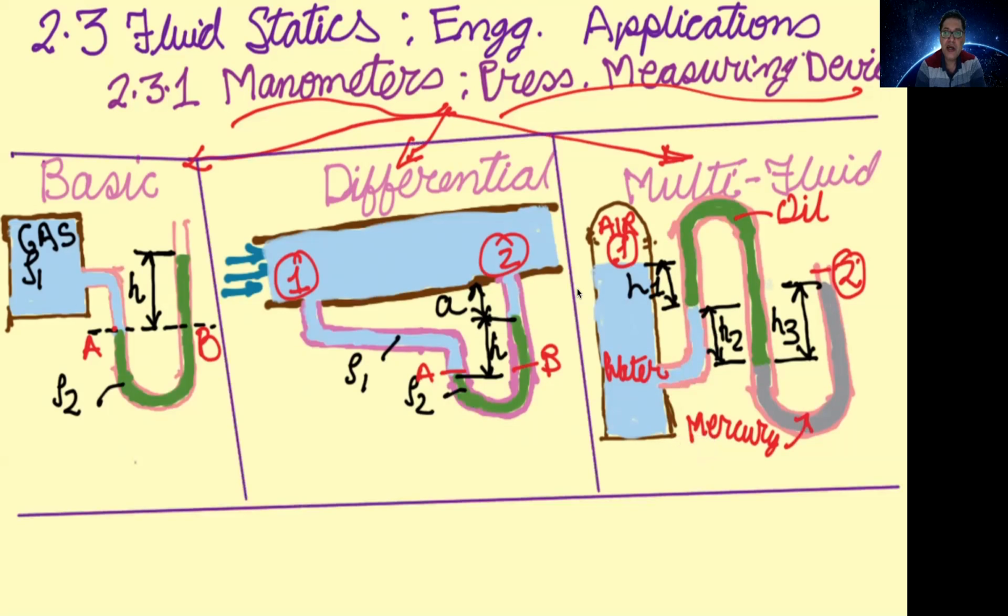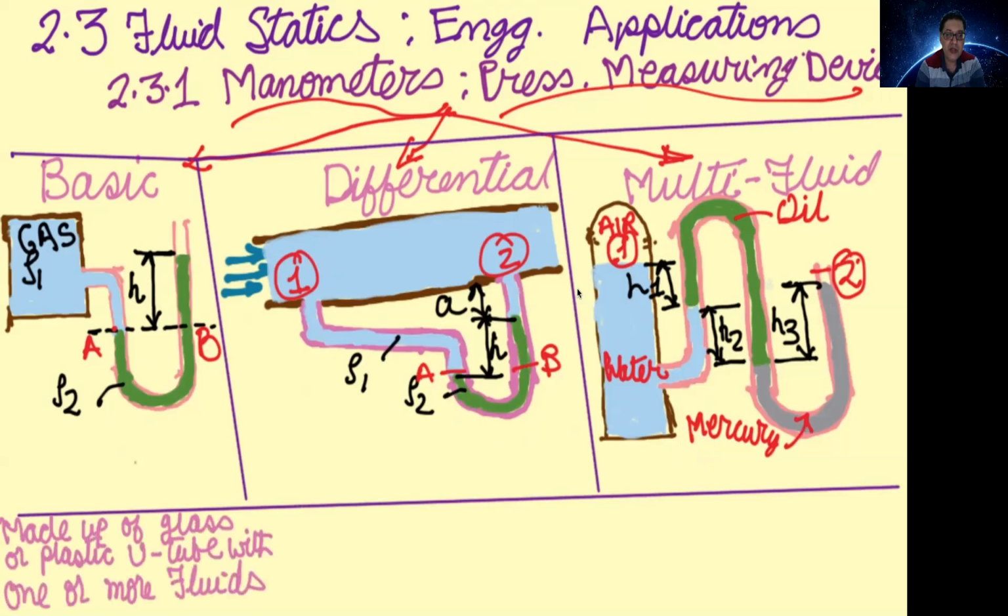These are the three types of manometers, and these manometers are made up of glass or plastic U-tube with one fluid in these two cases, and in those cases there are two fluids, so we can have one or more fluids.